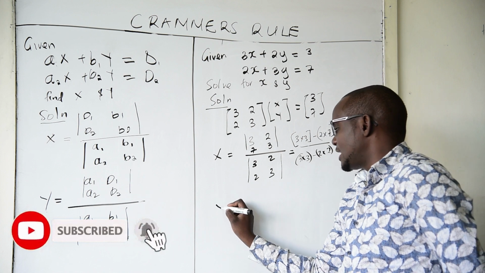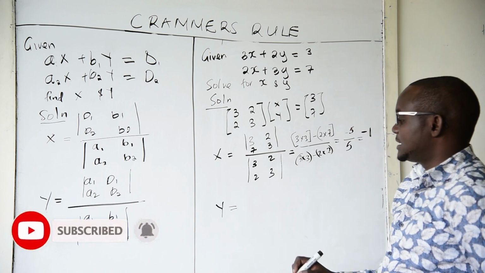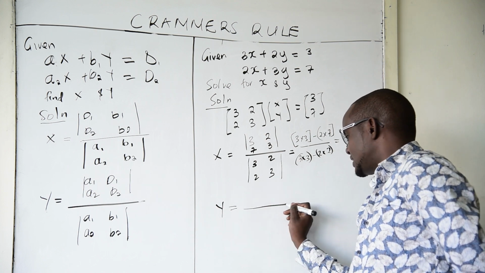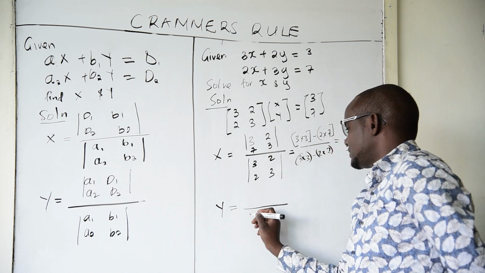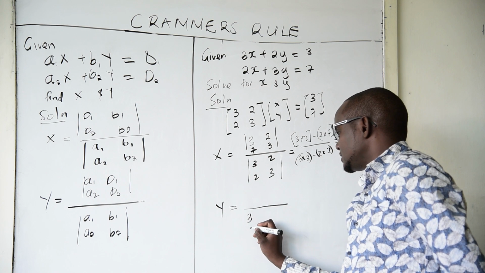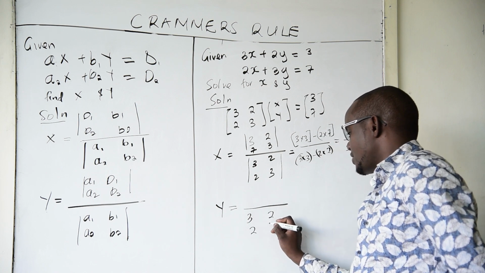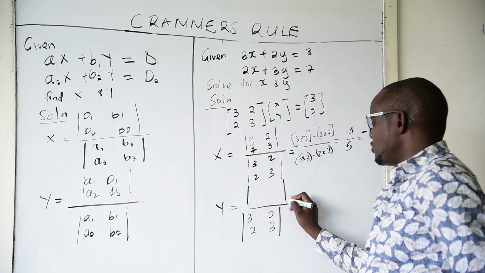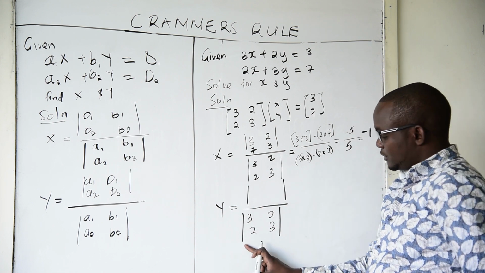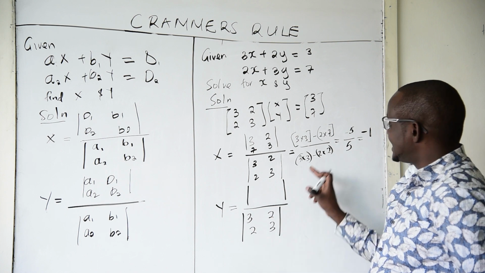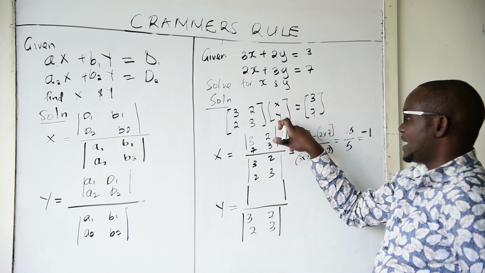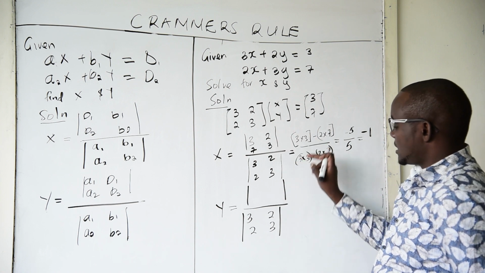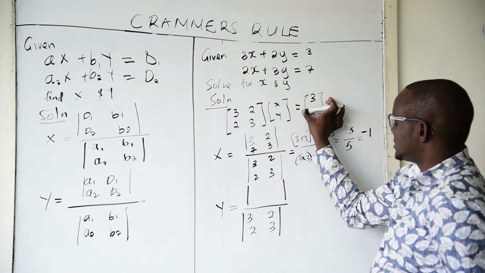To get the value for y, I still do the same. My denominator still remains 3, 2, 2, 3. I need to look for the determinant. For my numerator, this time I use the same matrix, but since I'm looking for the second independent variable, I interchange the second column with these constants.